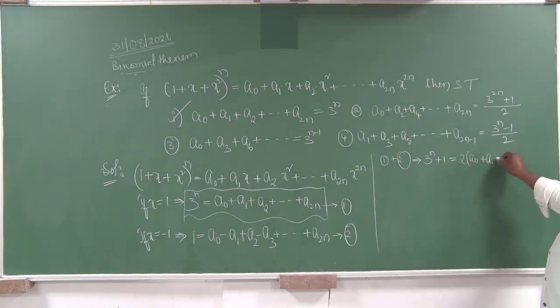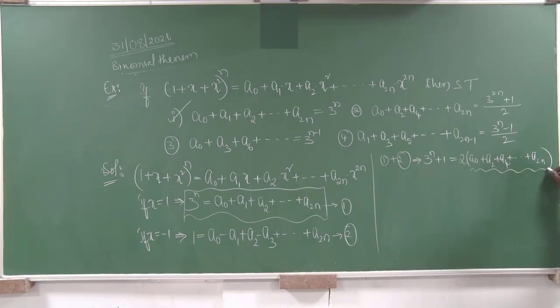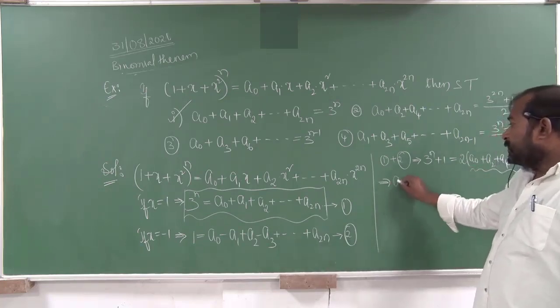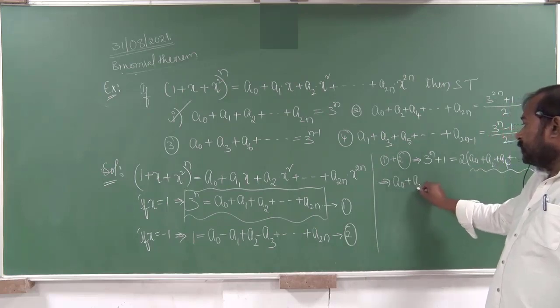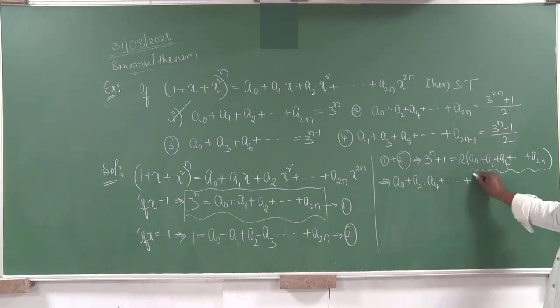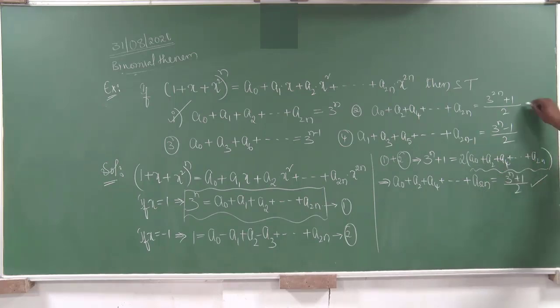Plus a2 plus a4 up to so on plus a2n. My requirement is this value, so bring it to this side. Then what can I get? That implies a0 plus a2 plus a4 plus up to so on plus a2n is equal to (3 power n plus 1) by 2. So this is the second result.